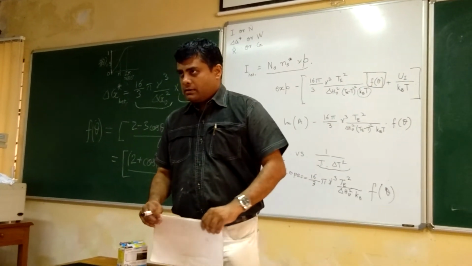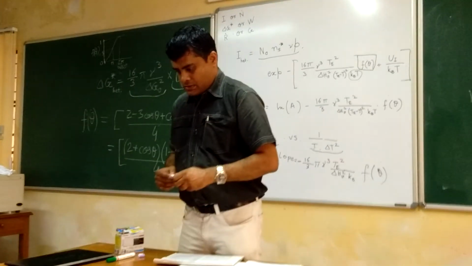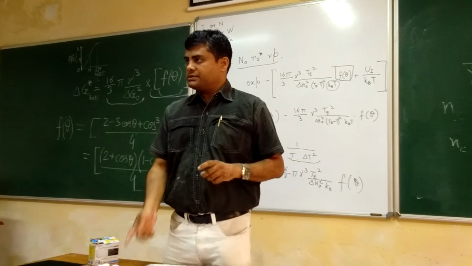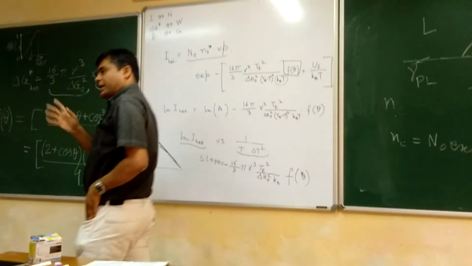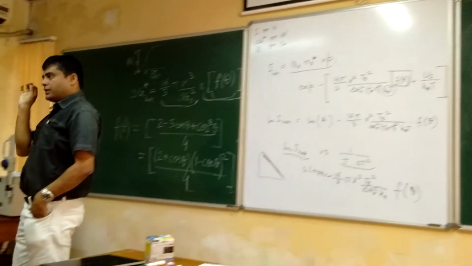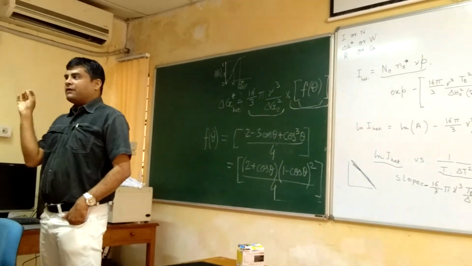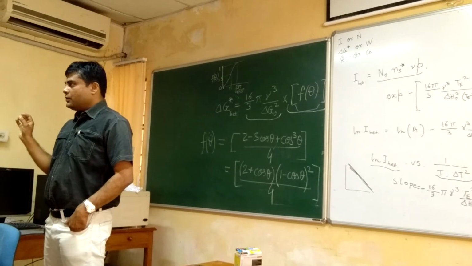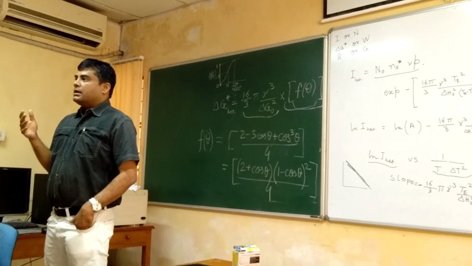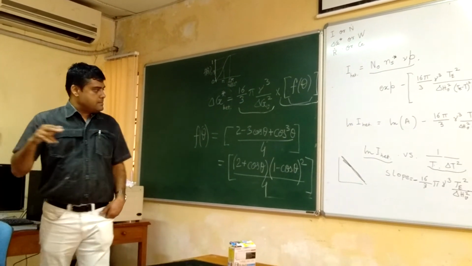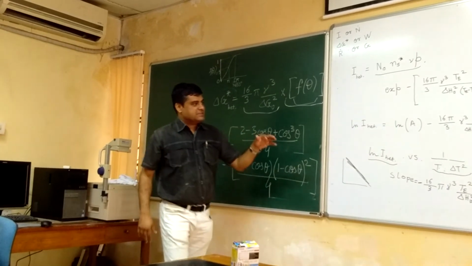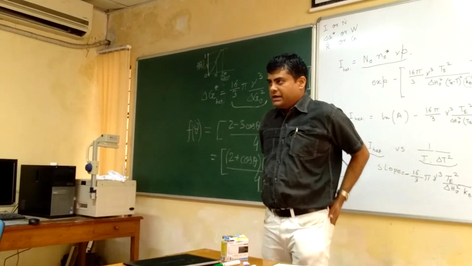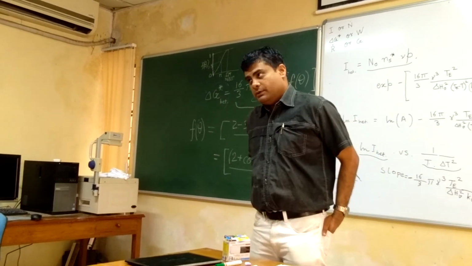I'll stop here, and your assignments will be two things. One is, for any pure metal, find out what the melting point is and what the delta Hv value is, that is the enthalpy of solidification per unit volume.